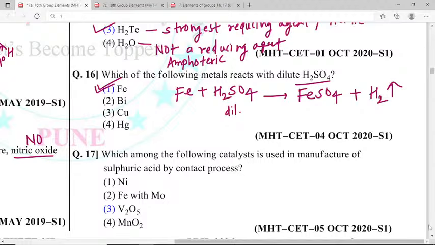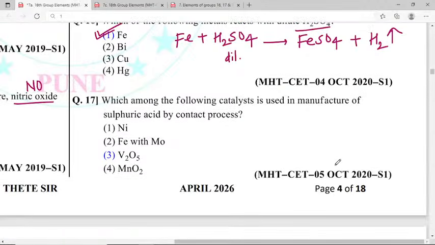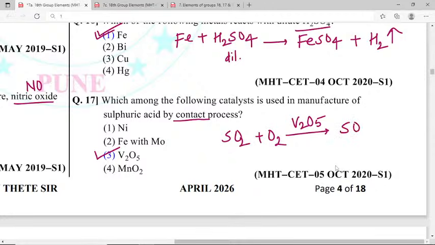Which among the following catalysts is used in the manufacture of sulfuric acid by the contact process? By the contact process, vanadium pentoxide is used. How? SO2 plus O2 in the presence of V2O5, an oxidizing agent, gives SO3, sulfur trioxide.